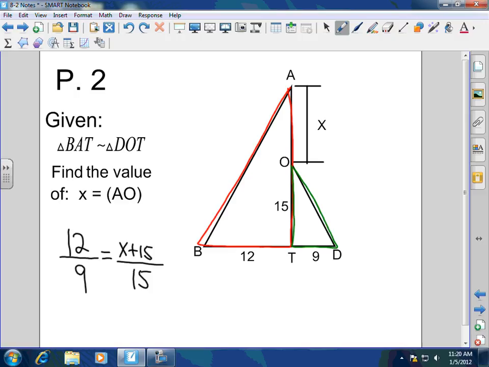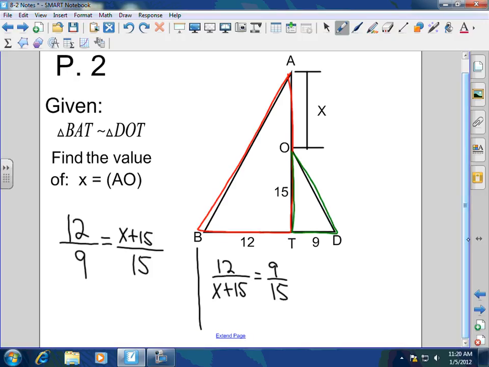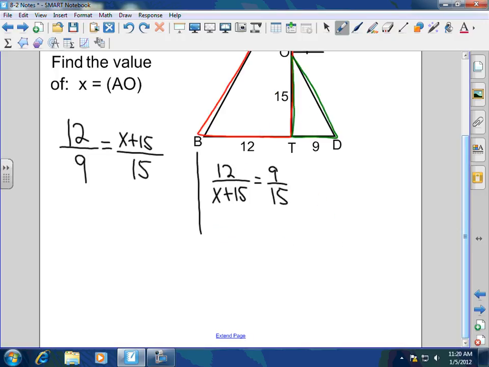Does that make sense? You could have also set it up like this. Large side to large side of the large triangle equals the smaller side to the larger side of the smaller triangle. Either way, I promise you, you're going to get the same answer. When you go ahead and cross multiply here, gentlemen, you get 180 equals 9x plus 135.